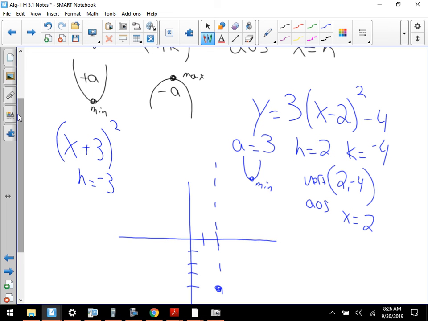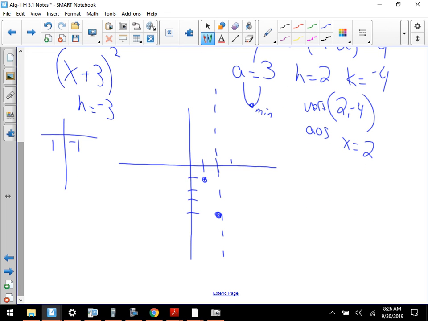It's negative 1. What's negative 1 squared? 1. What's 1 times 3? 3. What's 3 minus 4? Negative 1. So our point is at 1, negative 1. Since this is 1 away, its symmetric twin has to be there. We do the same thing, just plug and chug.